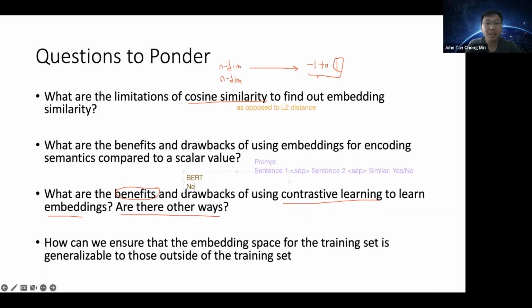BERT has this thing called the next sentence prediction as well in their pre-training. Because GPT does not have the way to do sentence 1, sentence 2. Now in BERT, they use a binary predictor, 1 if it's similar and 0 if it's not. So one way to do it is you can just fine tune using this. So this sentence 1, sentence 2 will be the input, and then this one will be the output.